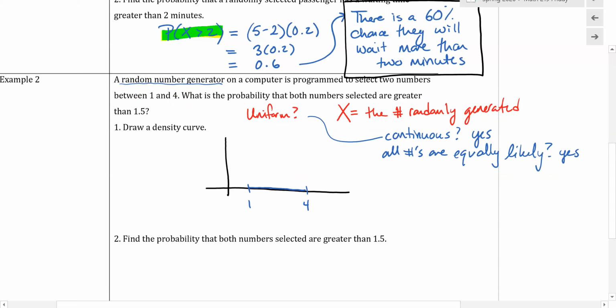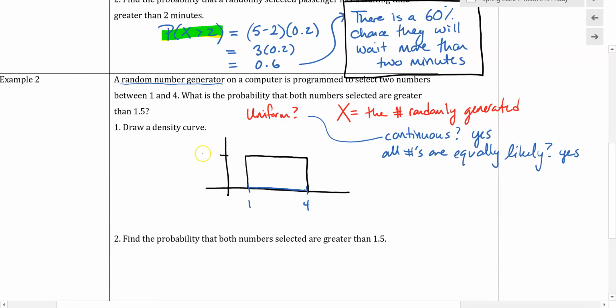To be a random number generator, the idea is that any number in here has an equal chance of being chosen. It doesn't favor one or the other. If all the probabilities are equally likely, then our distribution is going to take on the shape of a rectangle, because every number in between here has an equal chance of occurring. So there shouldn't be more or less height, thereby giving more or less area under the curve to any number in particular.